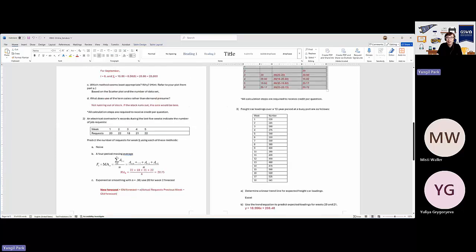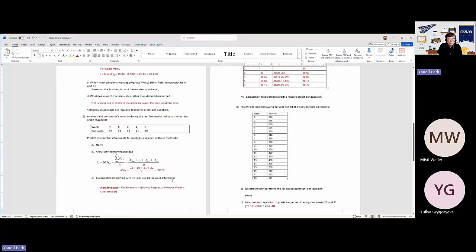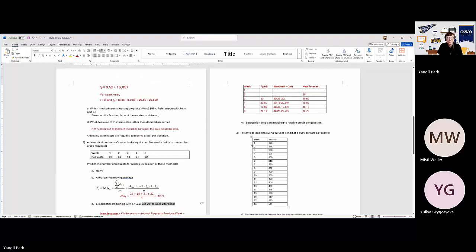The reason I started with week 3 is the prompt says use alpha 0.4 with week 2. Meaning that for week 1 and week 2, we don't have to calculate, right? If it was like use alpha 0.4 with week 1, then you start from week 2.